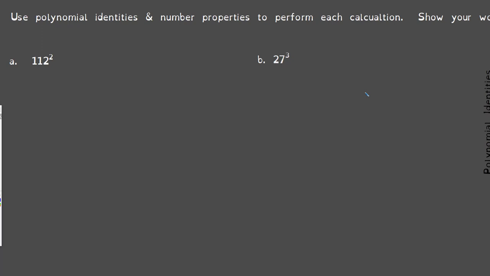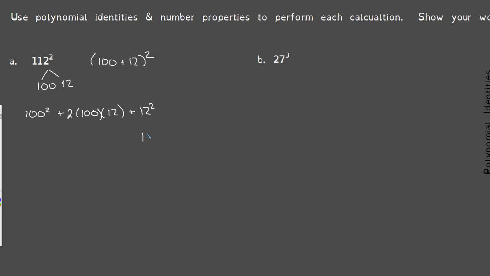So if we look at this next one, 112 squared. What two things can add up to be 112? To me, I thought about 100 and 12. And when I did that, I came up with 100 squared plus 2 times 100 times 12, plus 12 squared.